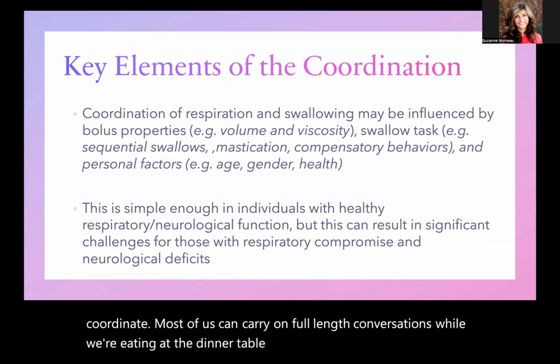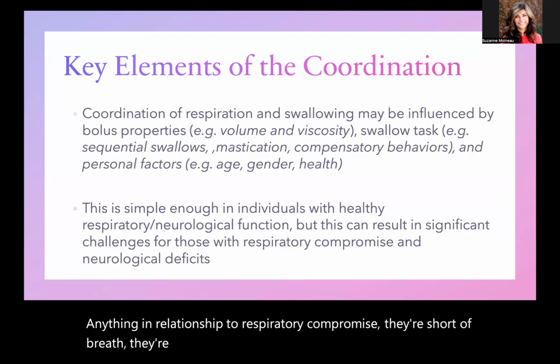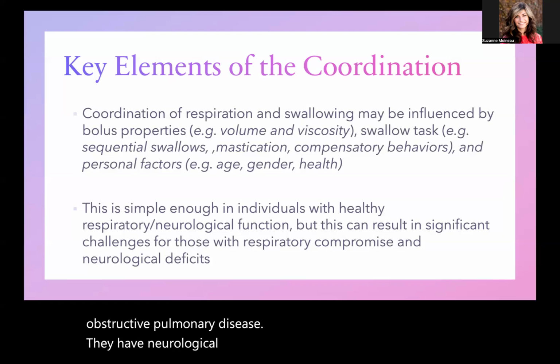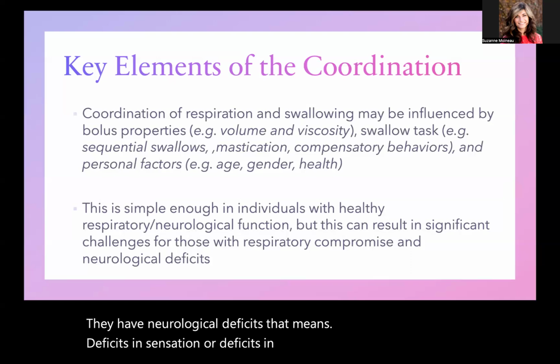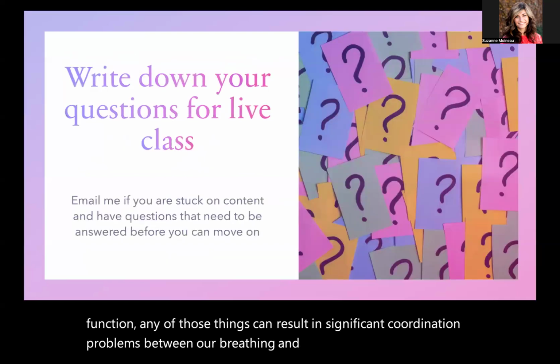But should someone have anything in relationship to respiratory compromise, they're short of breath, they're in respiratory failure, they have chronic obstructive pulmonary disease, they have neurological deficits. That means deficits in sensation or deficits in motor control or muscular function. Any of those things can result in significant coordination problems between our breathing and our swallowing.